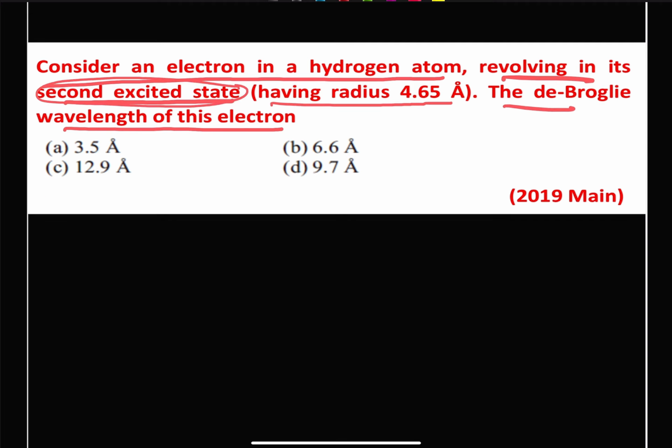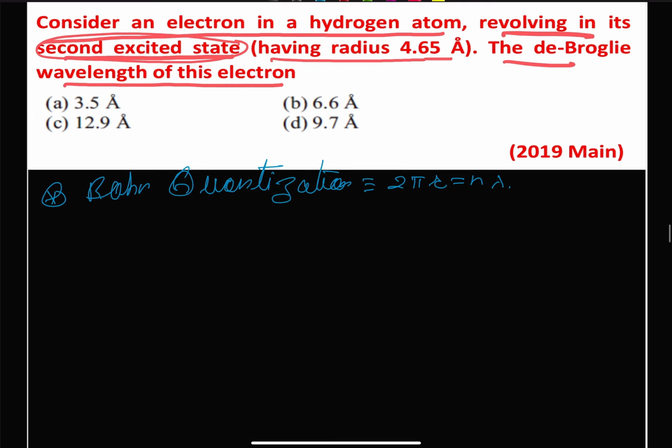So we can use the Bohr quantization, which gives us 2 pi r is equal to n times lambda, and from here we can write our lambda is equal to 2 pi r divided by n.